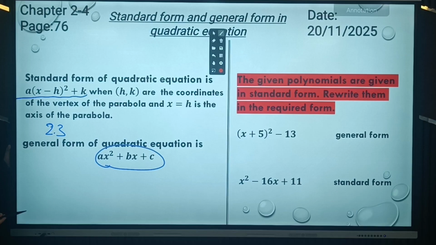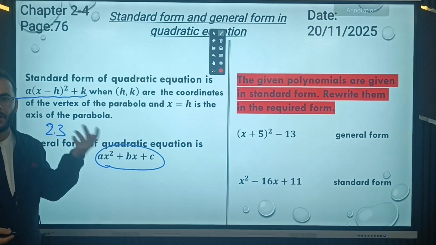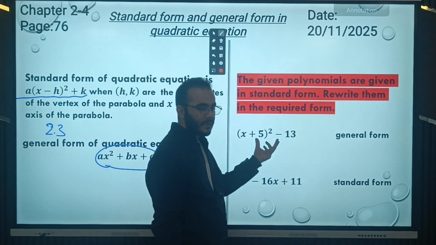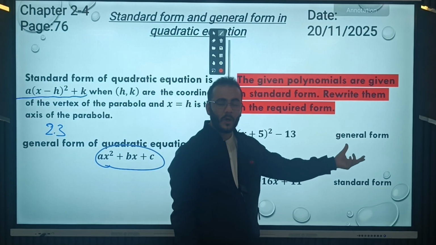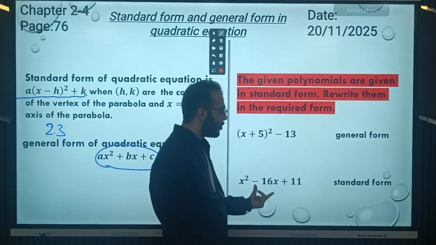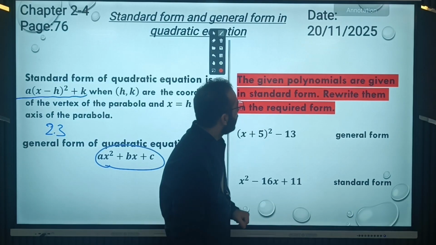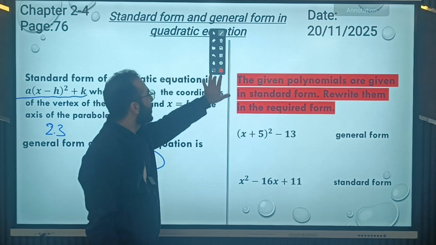So how would a question come from here, or from any other teacher? They will give you either the vertex form of the quadratic equation and ask you to turn it to general form, or vice versa. They will give you the general form and ask you to turn it to standard form. So how are we going to do it for each case?